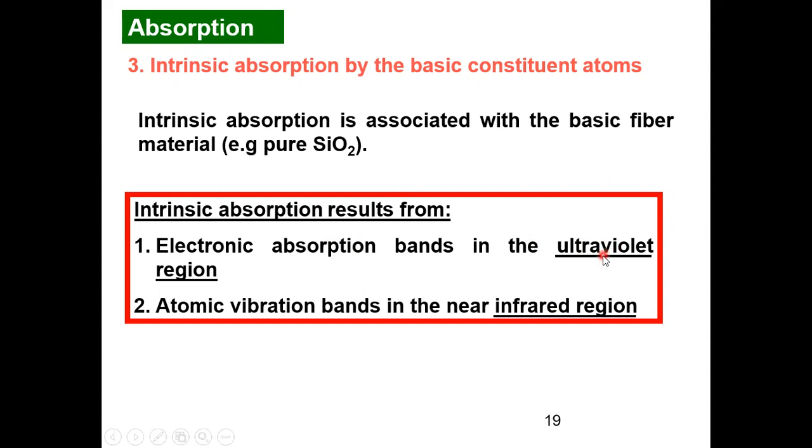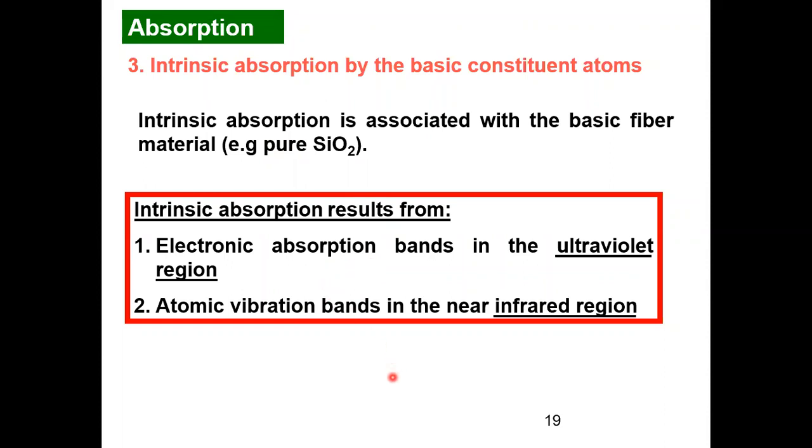Now in the ultraviolet or infrared region, the problem is we have certain absorption bands and vibration bands. So what happens? I have the normal glass structure made up of pure silica. Suppose my wavelength falls in a particular absorption band or vibration band, then what happens is loss of signal. It will vibrate, or it will absorb the signal.